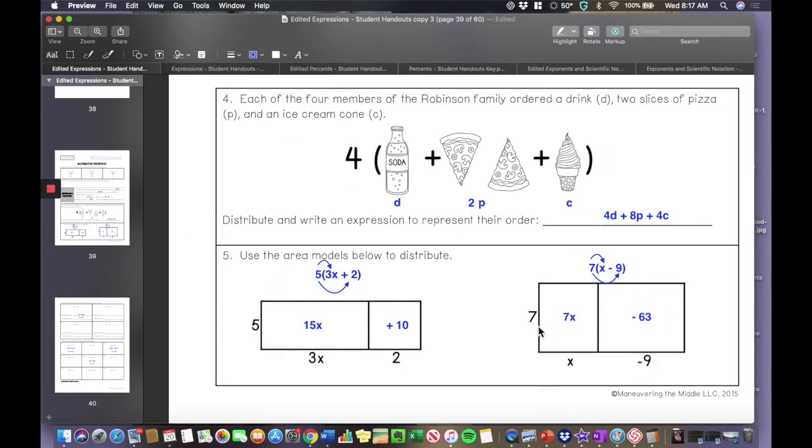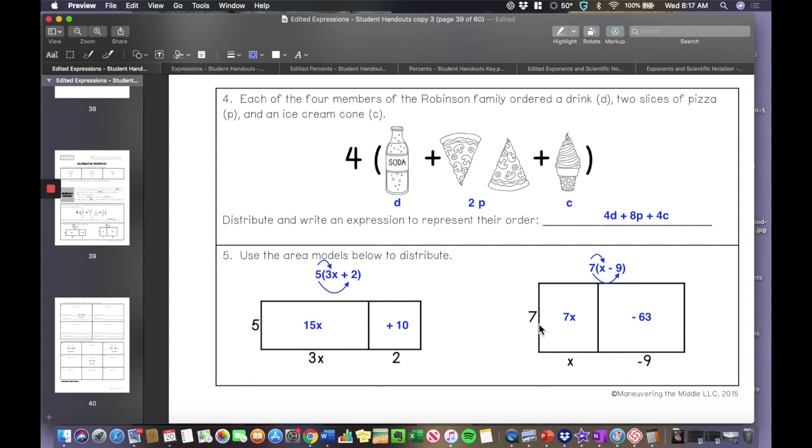And then over here, I have 7 being distributed to x minus 9, or x and negative 9, negative 9 being my term. And x also is a term. It's a variable, but it's also called a term. So, on the long side here, I have the number I am distributing, and on the bottom right here, I have my variable x and my negative term, negative 9.